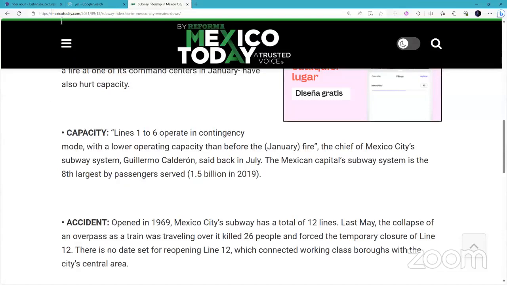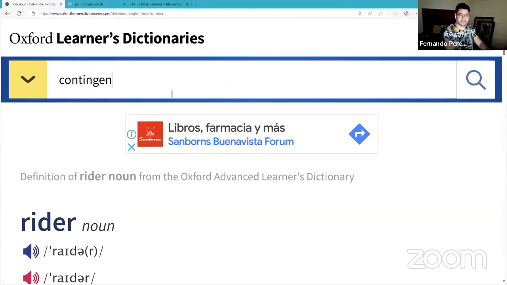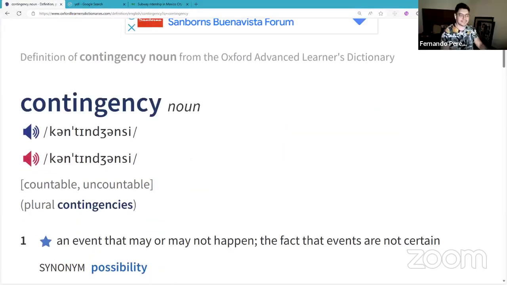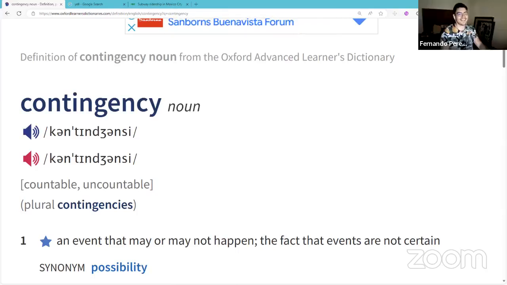In contingency. Let's pronounce it. Contingency. Check the symbol. Check the symbol. Okay. Push play.